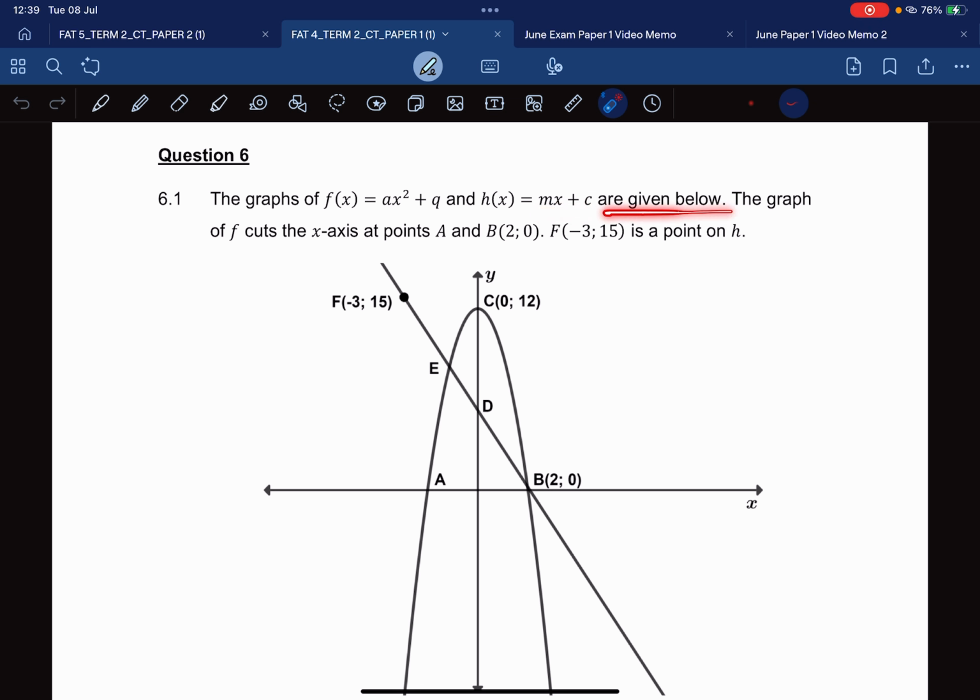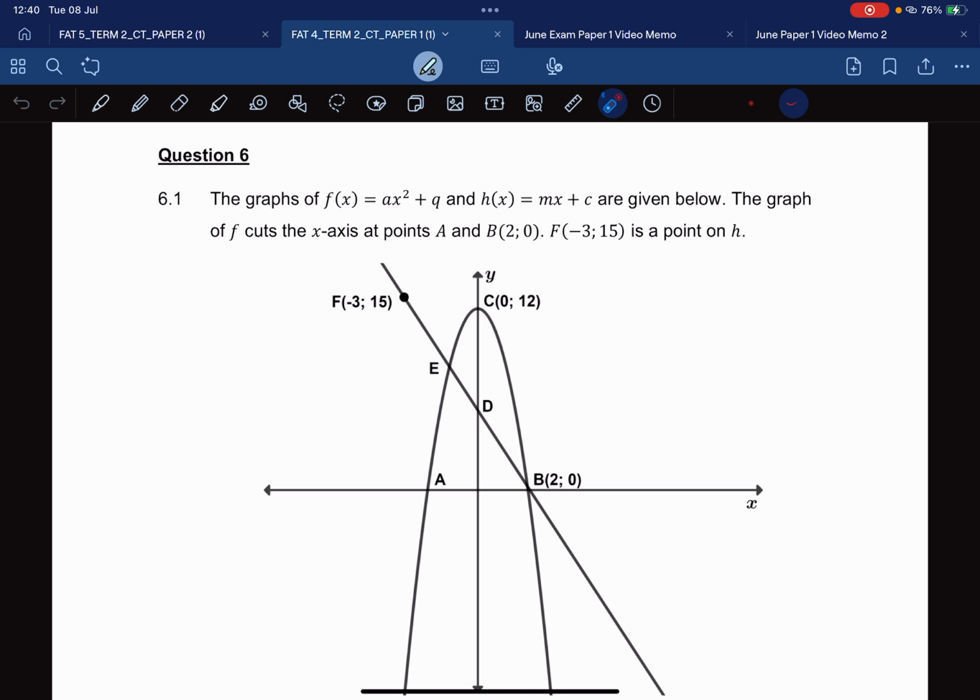That is given below. The graph of f cuts the x-axis at points A, for which there are no coordinates, and then point B, 2 and 0, which is given. And then they say negative 3 and 15 is a point on h, meaning on h of x, on the straight line. I won't take it for granted.